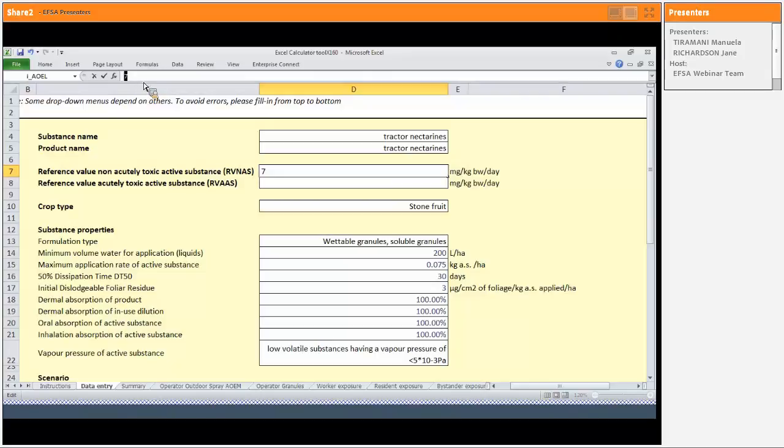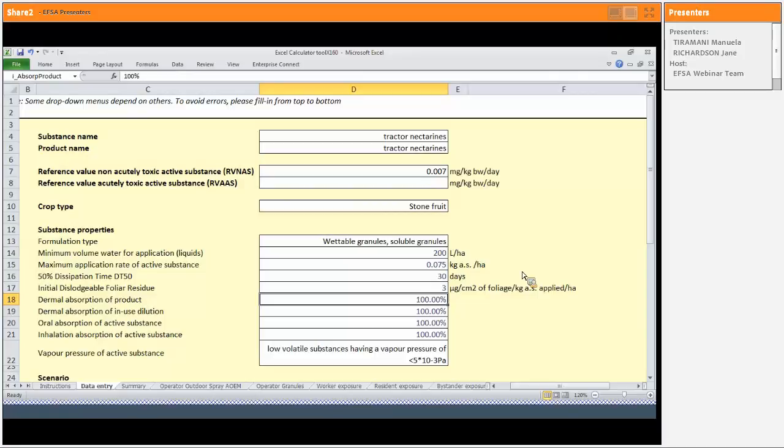Therefore, it was decided to take this approach. But again, if data showing a different dissipation time are available, they can of course be used.